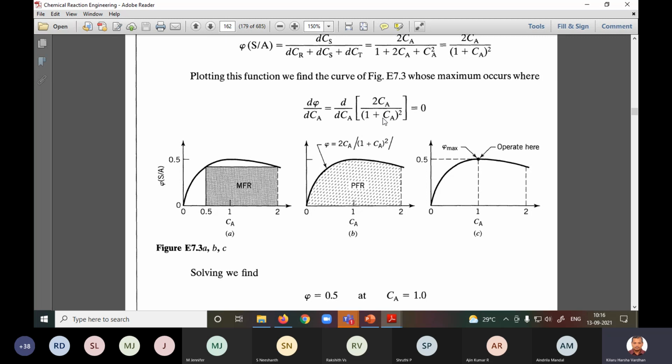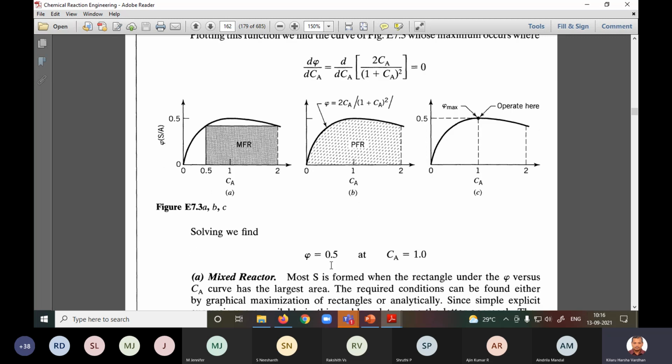If you solve this, you get the phi value. The phi value is 0.5 at Ca as 1. At Ca equal to 1, you have this maximum of instantaneous yield. That is the value which you are getting from this.